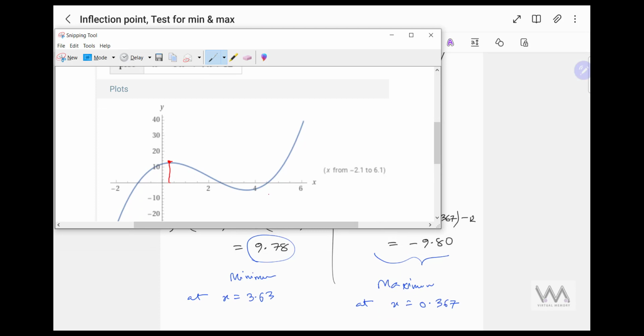And we have a minimum point here, which is at 3.6. So this is a minimum, and this is a maximum.